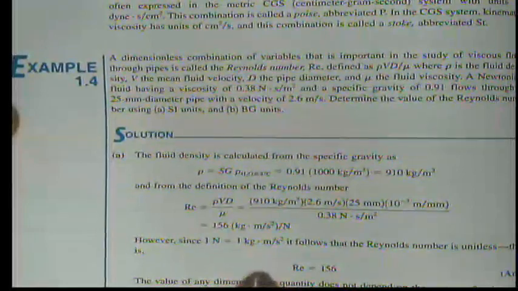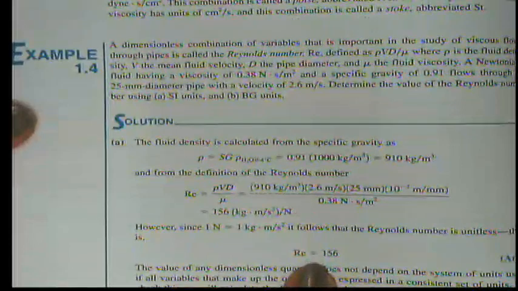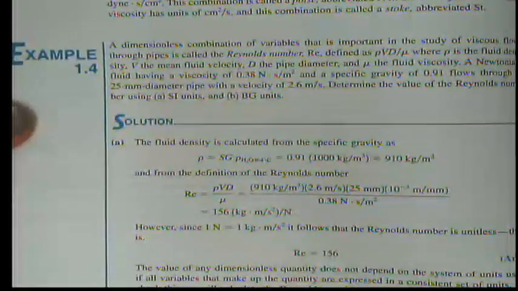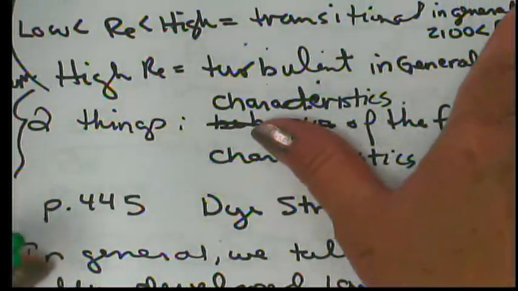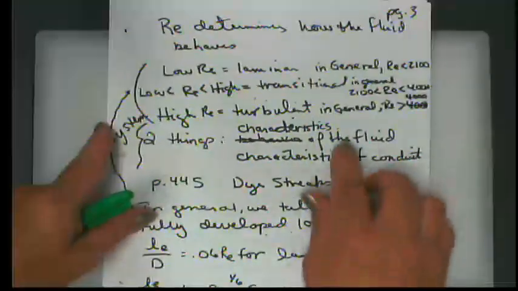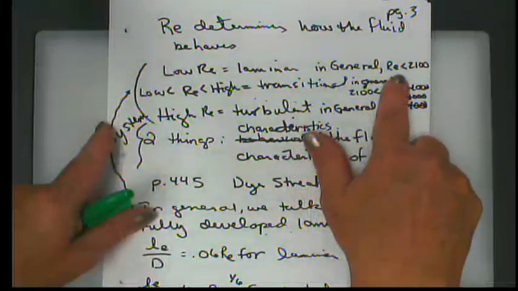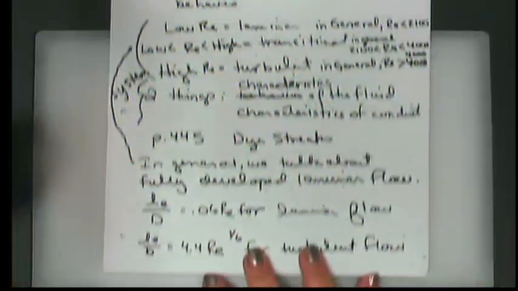Now, this Reynolds number for this particular problem is 156. And we don't really make any judgments about it in this particular problem, this early in the text. But now we would know that that indicates that we are, frankly, in laminar flow. Because if we look at our numbers, less than 2100 is laminar, and our Reynolds number for that problem was 156.